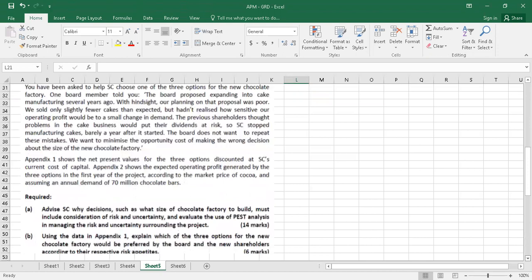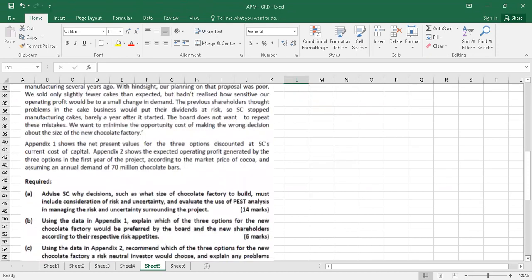The next question, which is for 6 marks, says that using the data in Appendix 1, explain which of the 3 options for the new chocolate factory would be preferred by the board and the new shareholders according to their respective risk appetite. Risk appetite, see, risk seekers, risk averse investors, then we have risk neutral, then pessimist.